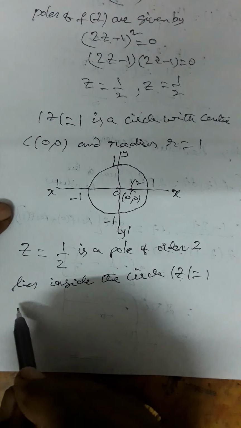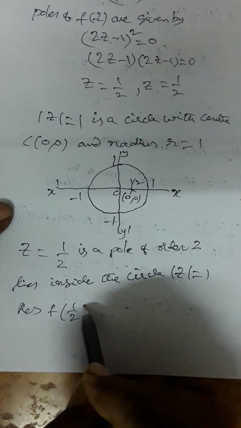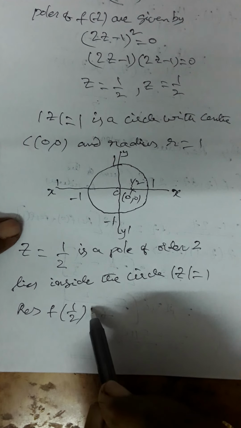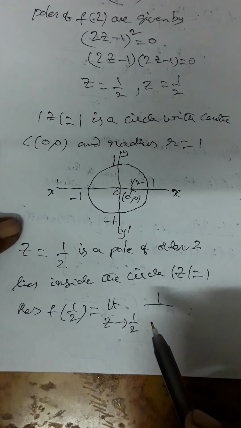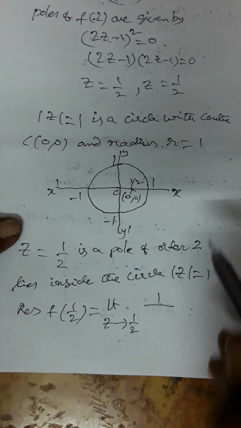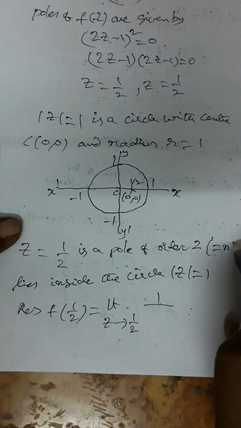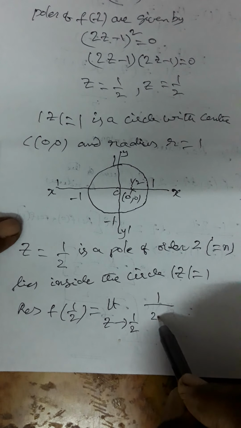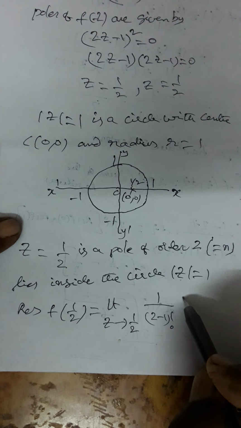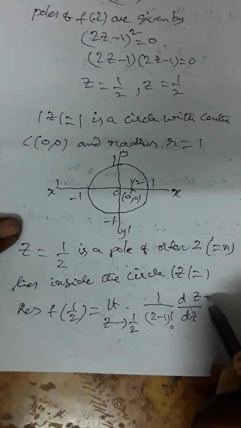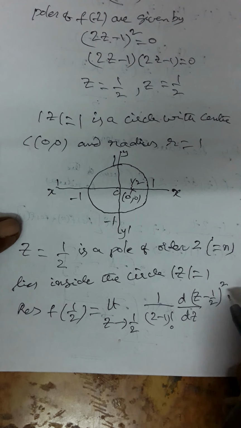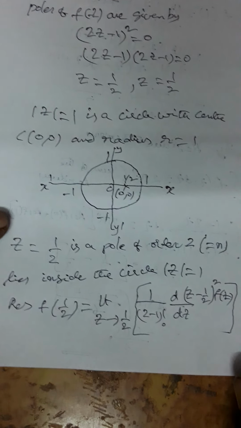Residue of f at 1/2 is the limit as z tends to 1/2 of 1 by (n minus 1) factorial, d to the power n minus 1 by dz of (z minus a) whole n times f(z). Here n is the order, which is 2. This is your formula.